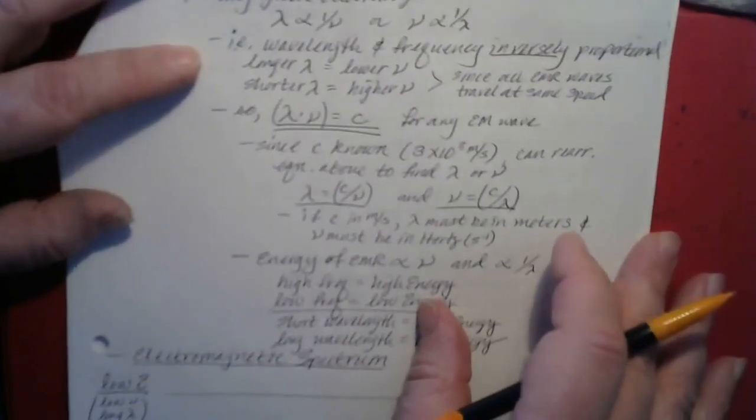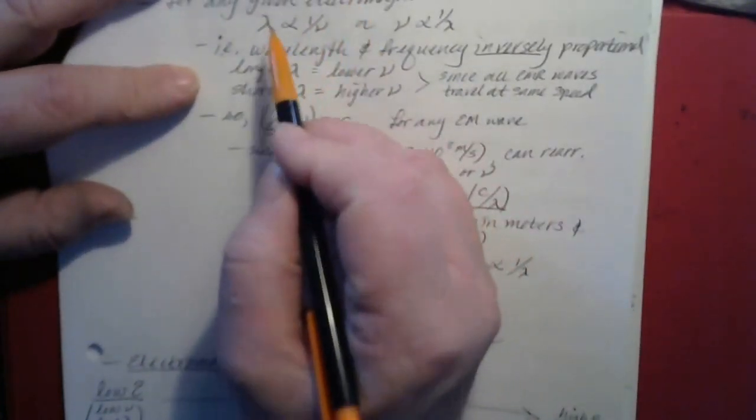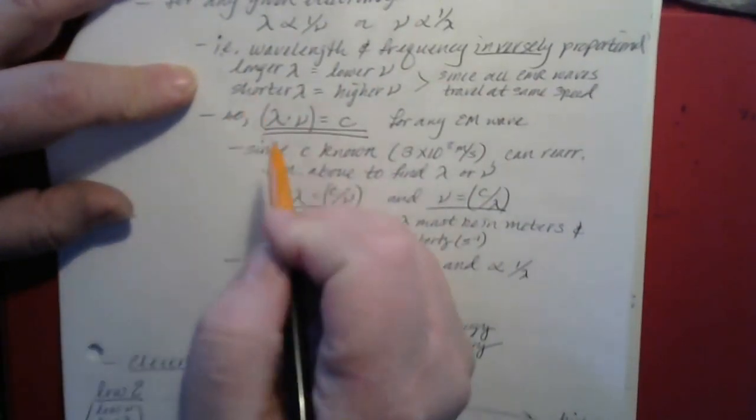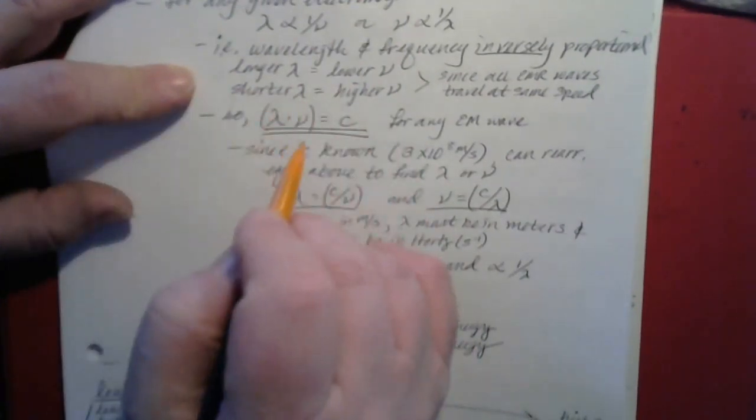And also what that means is if you take wavelength times frequency for any given electromagnetic wave, you should end up getting the same number every time. And in fact, you do. Wavelength times frequency for any given type of electromagnetic radiation will give you the speed of light.